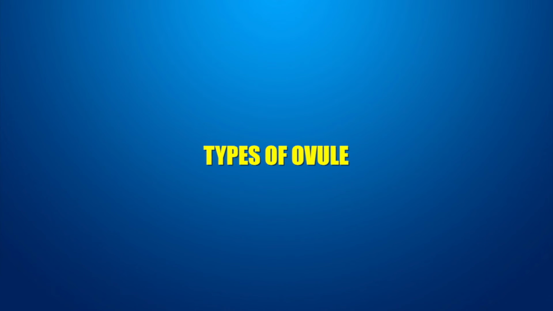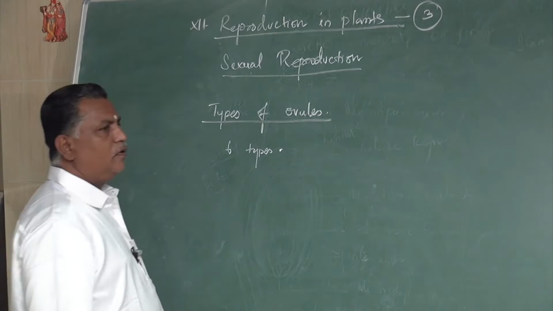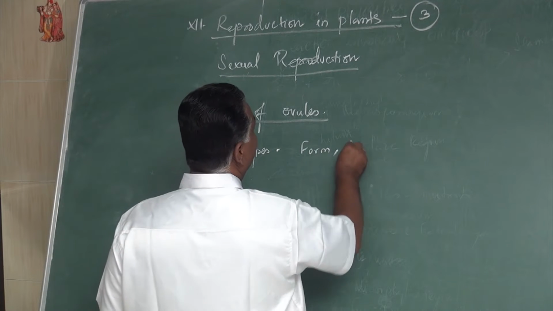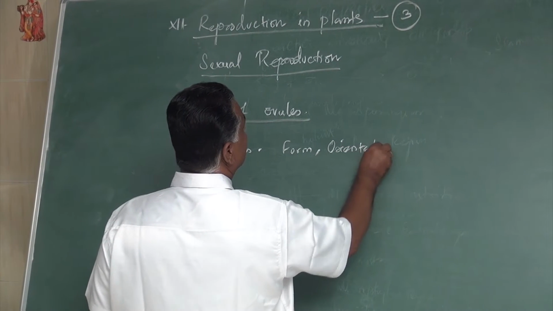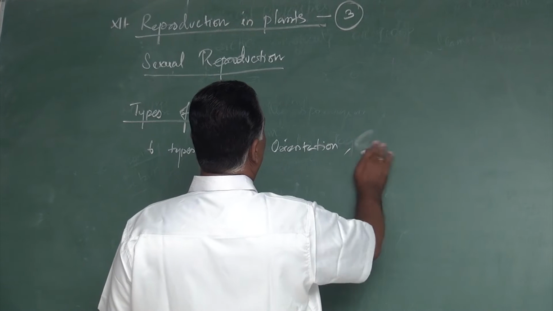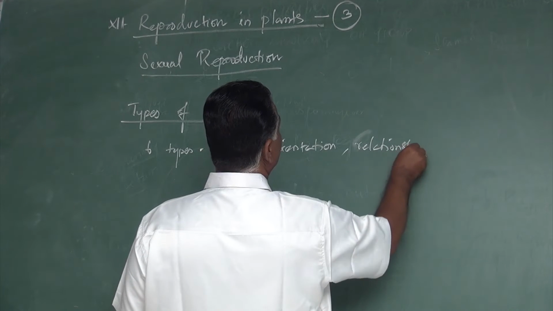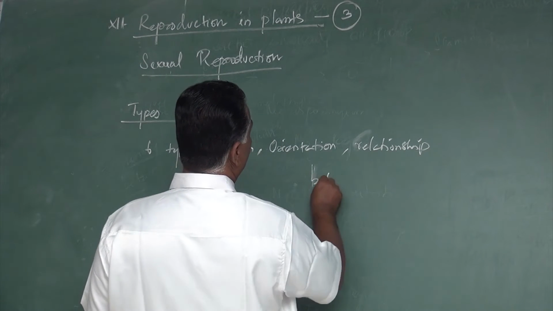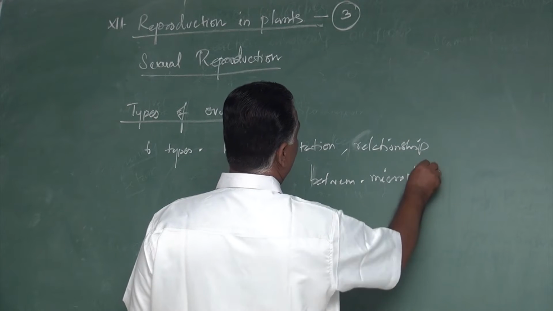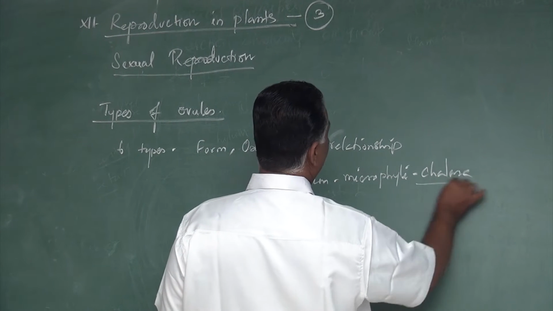Types of ovules. Ovules are of 6 types based on the form, orientation, and the relative relationship between the micropyle and the chalazal end or the funicle.